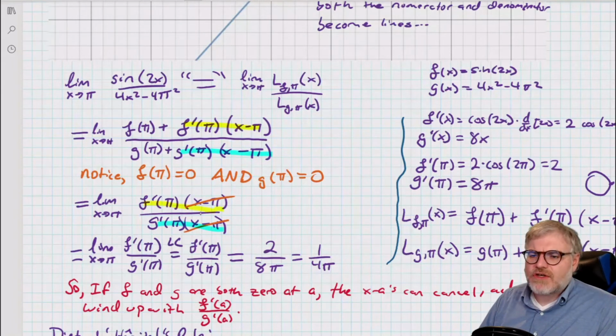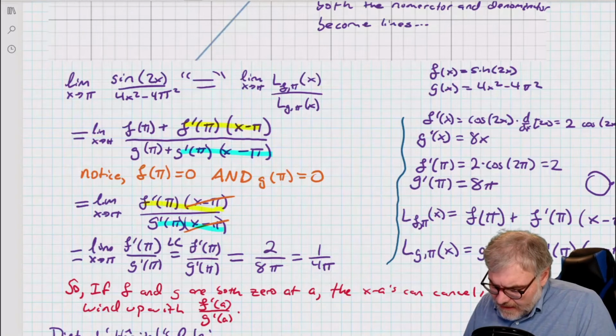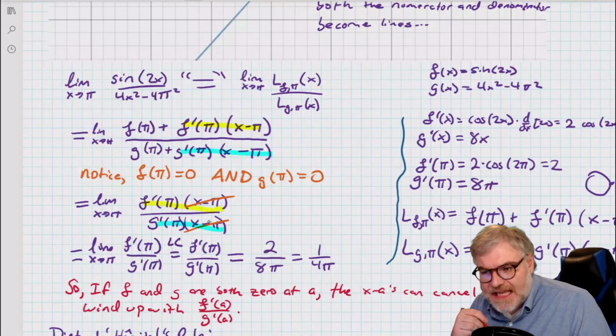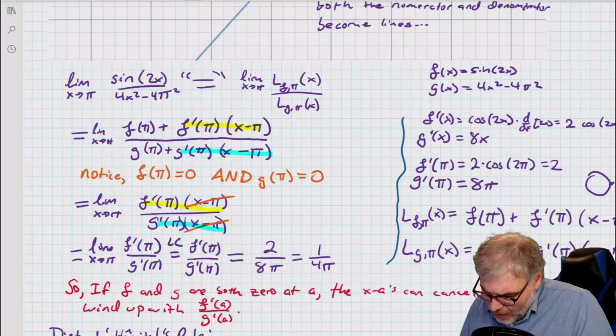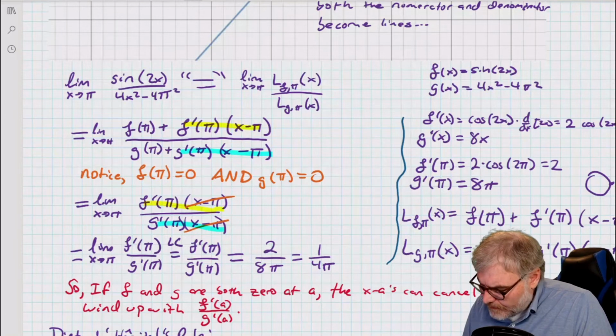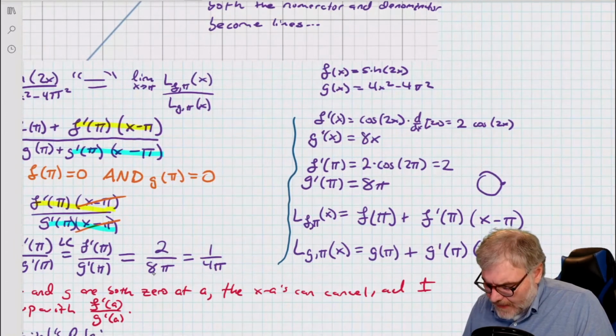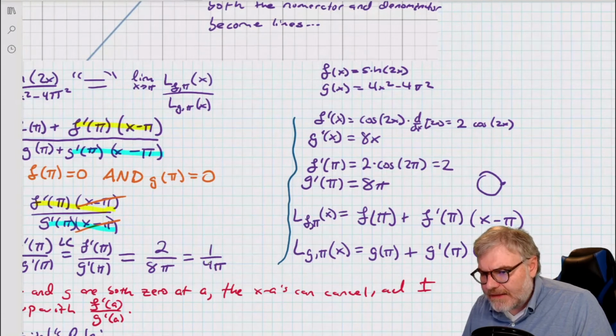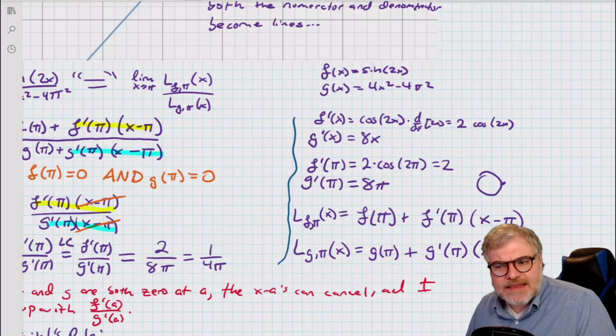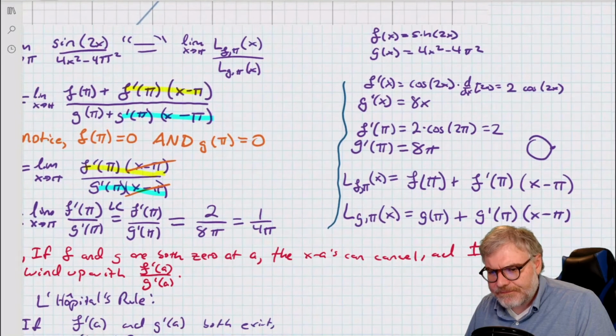Well, both of these terms have an x minus pi in common, so they cancel. And all I'm left with is the limit as x goes to pi of f prime of pi over g prime of pi. Well, that I could compute. That's 1 over 4 pi, right? That's 2 over 8 pi or 1 over 4 pi. So I can compute that thing very nicely.